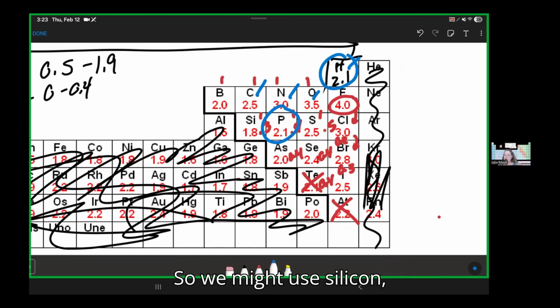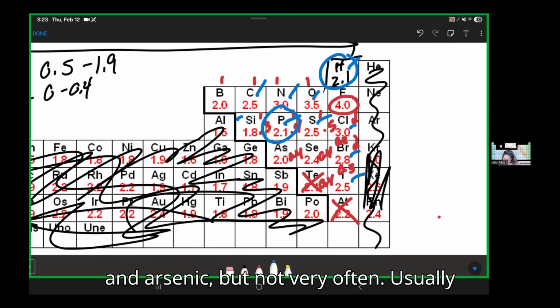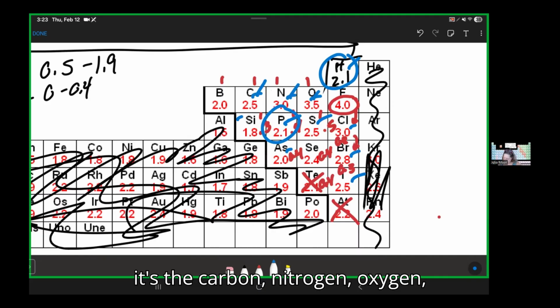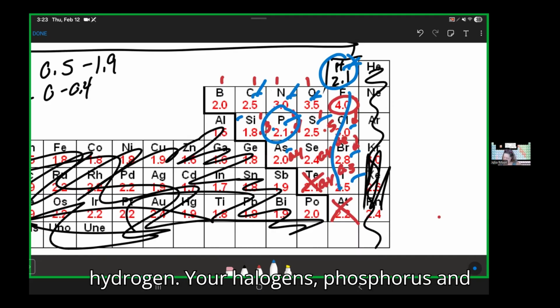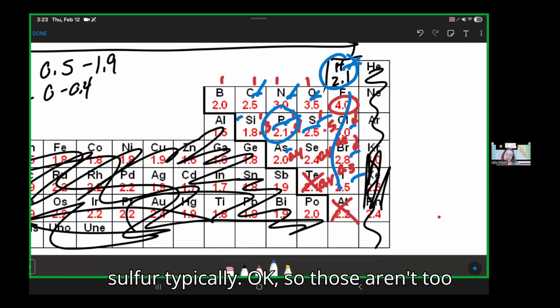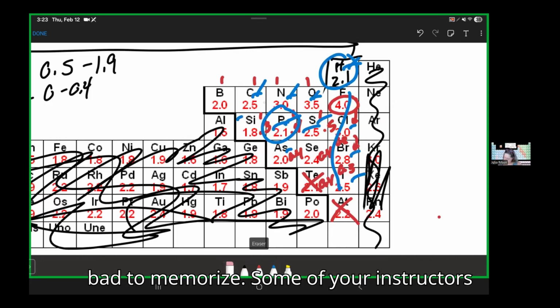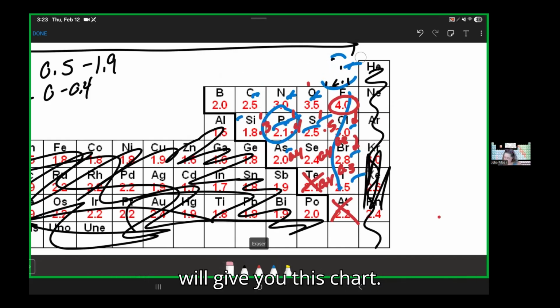So we might use silicon, but we'll use phosphorus, sulfur, your halogens. Maybe selenium and arsenic, but not very often. Usually it's the carbon, nitrogen, oxygen, hydrogen, your halogens, phosphorus, and sulfur, typically. So those aren't too bad to memorize. Some of your instructors will give you this chart.